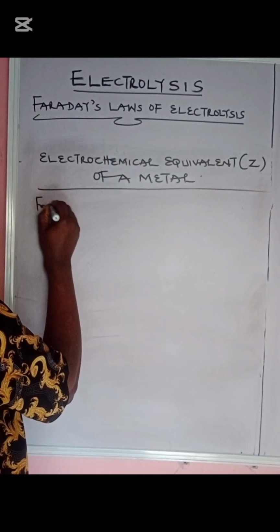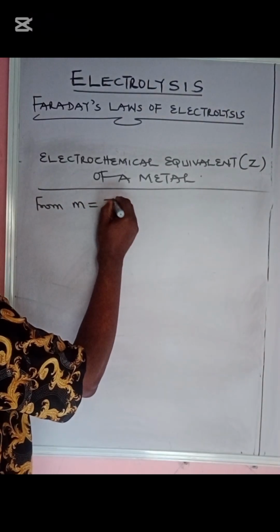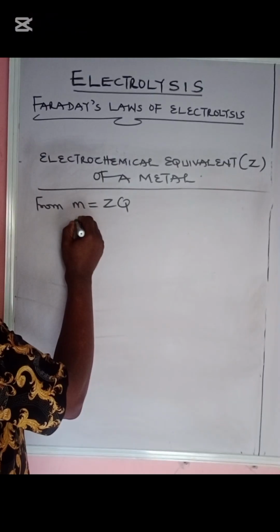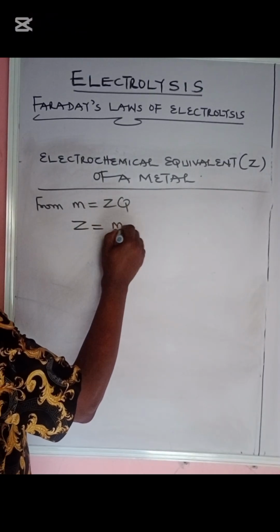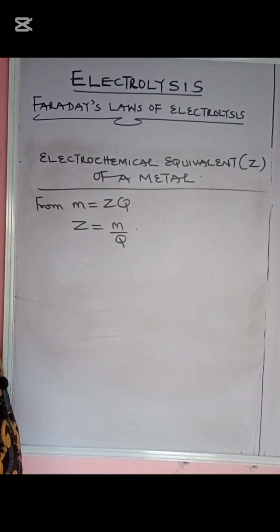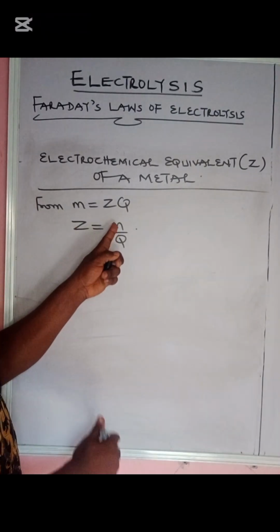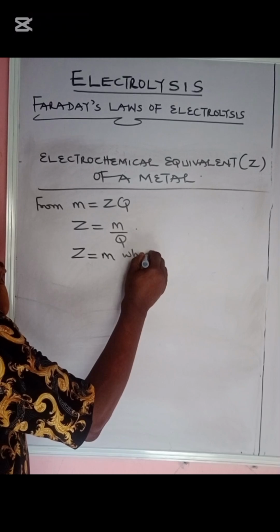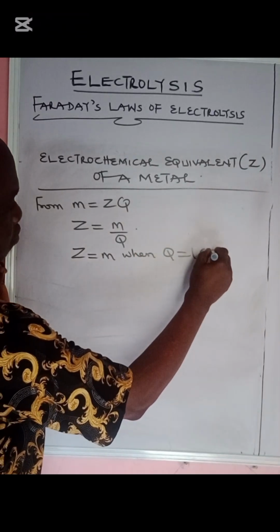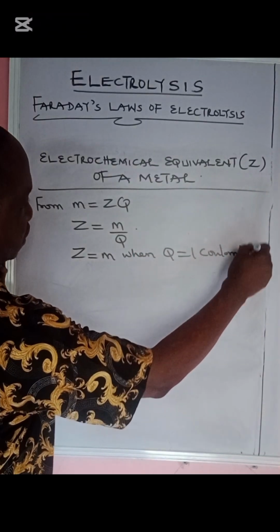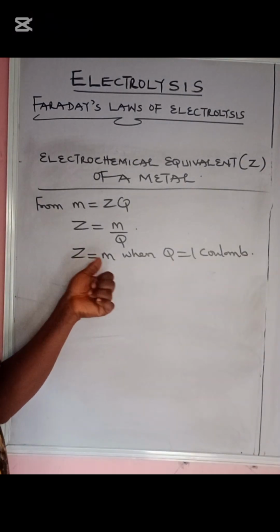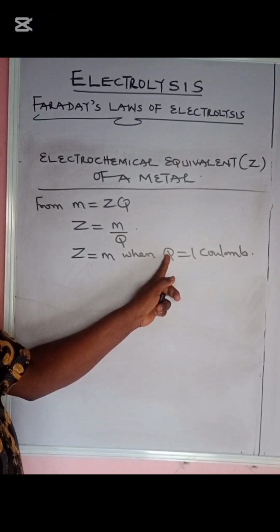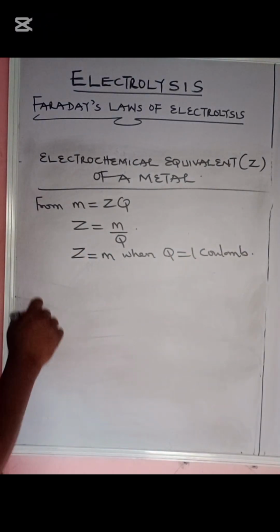From Faraday's first law, m is equal to ZQ, where Z is equal to m over Q. So we can say Z is equal to m when Q is equal to 1 coulomb. So the mass of a substance deposited when a unit coulomb of electricity is passed is what we call electrochemical equivalent.